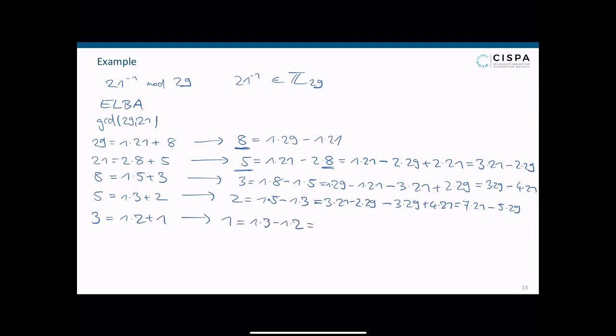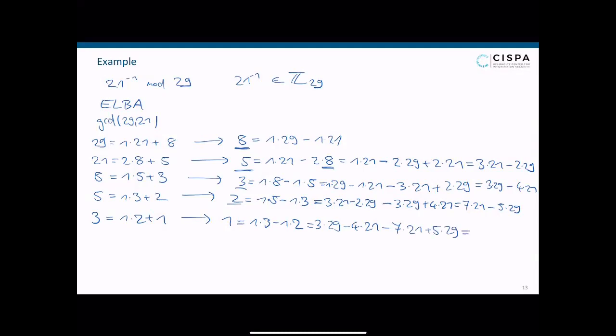And now let's again use these expressions that we found here. This is just 3 times 29 minus 4 times 21 and minus 7 times 21 plus 5 times 29.